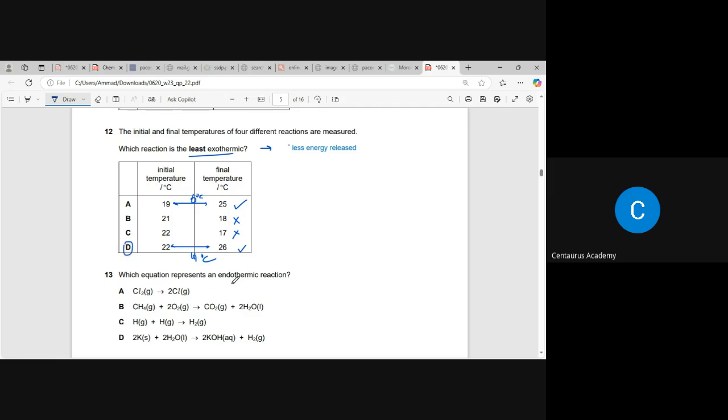Which equation represents an endothermic reaction? So here you have to look into your endothermic reactions. Endothermic reactions tend to require energy.